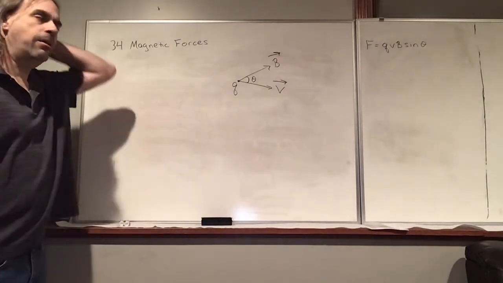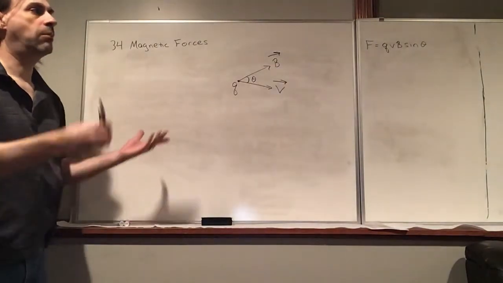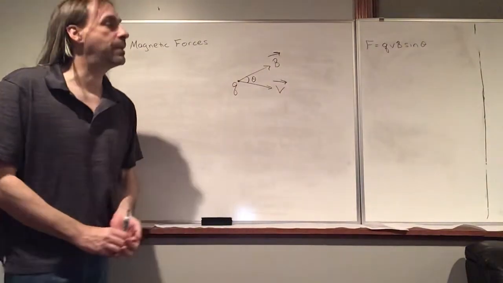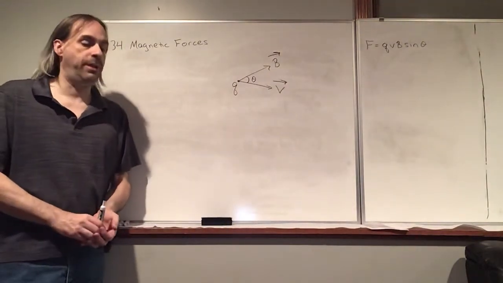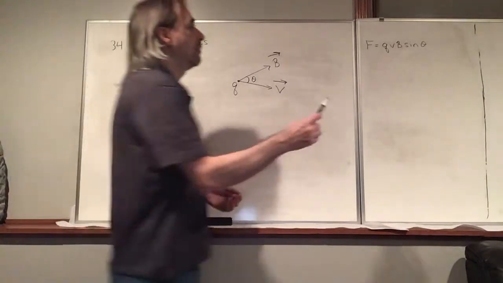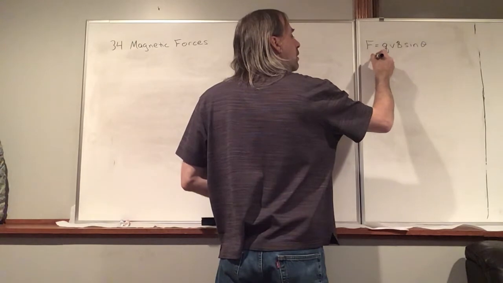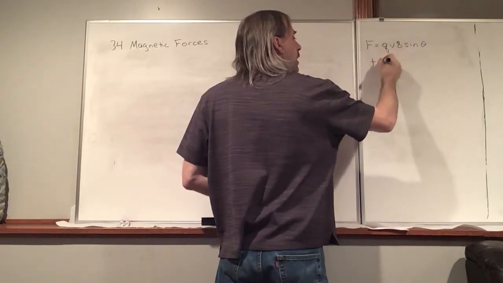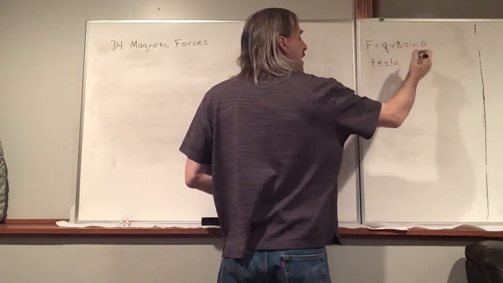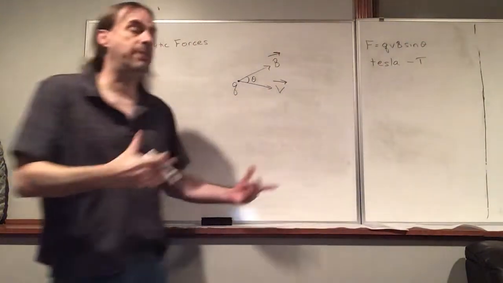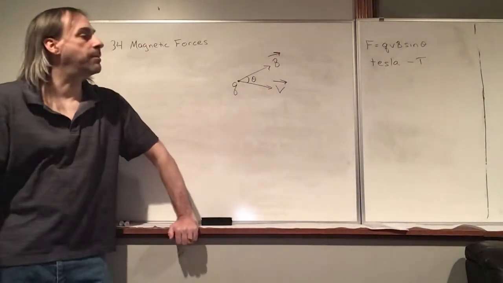Okay, now let's talk about units. The basic SI unit for a magnetic field is something called a Tesla. The unit would be lowercase, named after Nikola Tesla. So his name is capitalized, but units are not supposed to be.